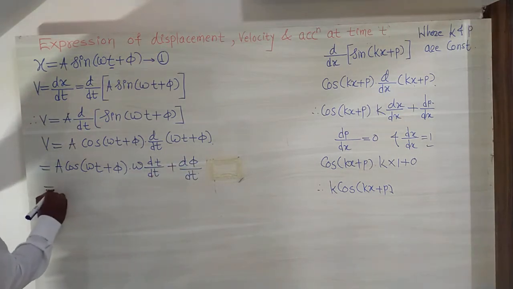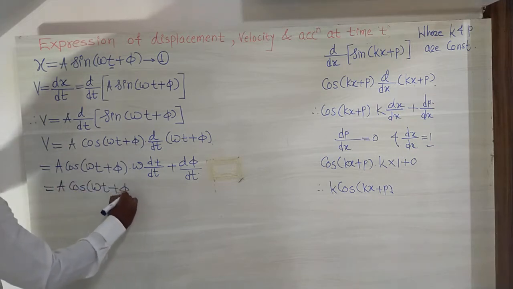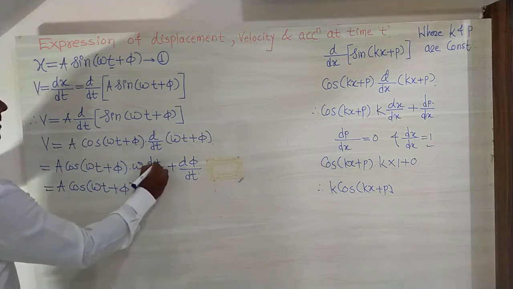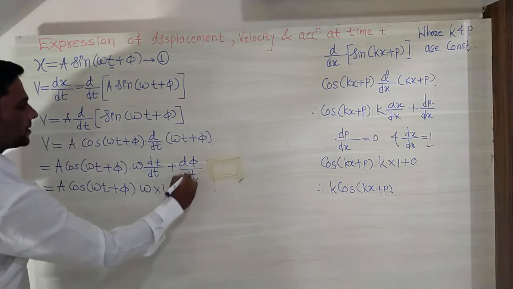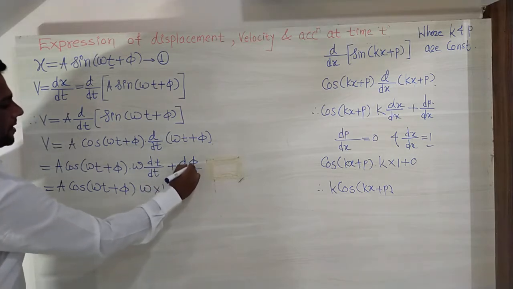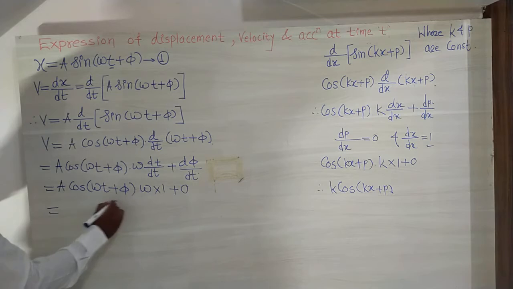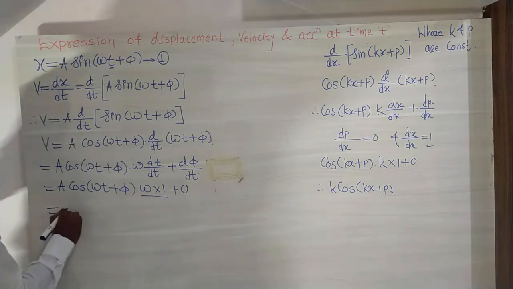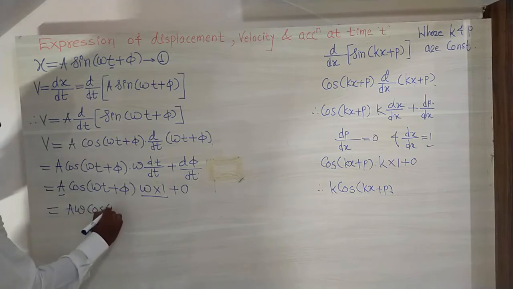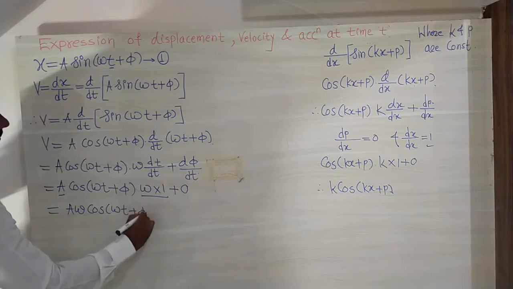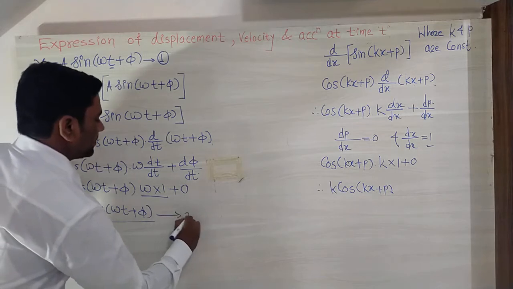So we get a cos of omega t plus phi into omega and d by dt of t, that is 1 by using this rule, plus d phi by dt, where phi is constant, so that is equal to 0. So we get a omega cos of omega t plus phi. So we are getting the velocity. That is said to be equation number 2.